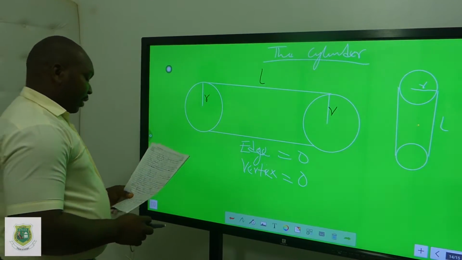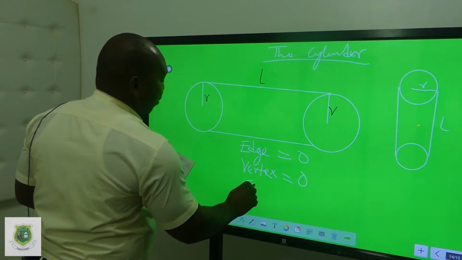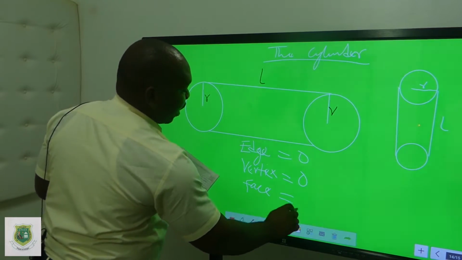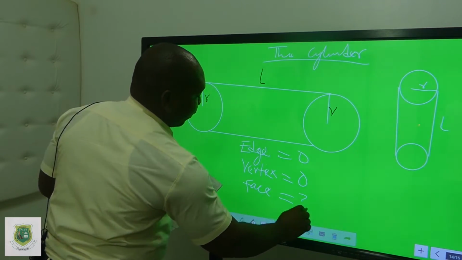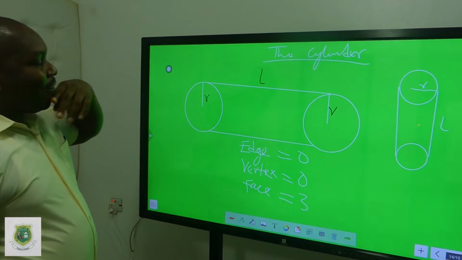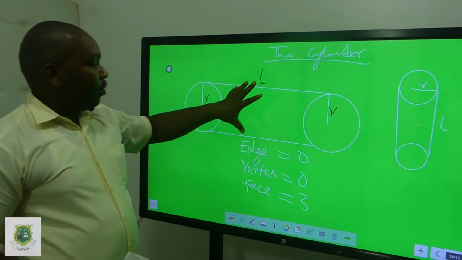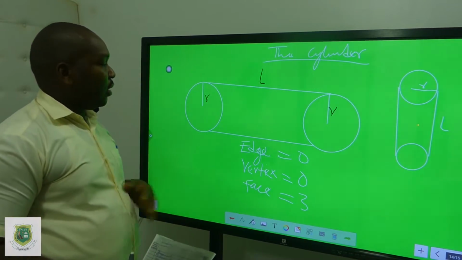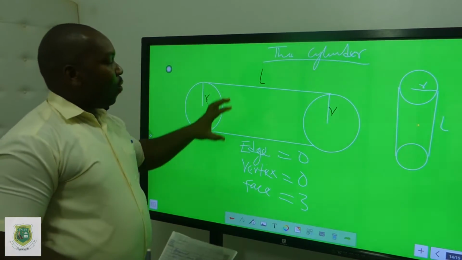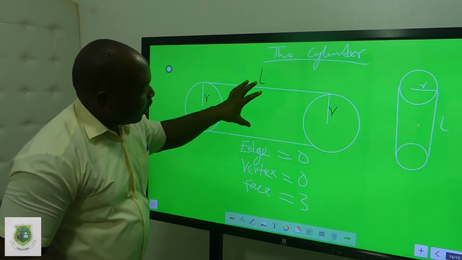What it has is face. How many faces does a cylinder have? 3. As you can see, 2 circles, that is the face, and 1 rectangular face. 2 circular faces and 1 rectangular face.